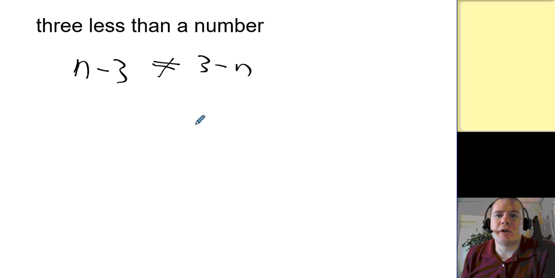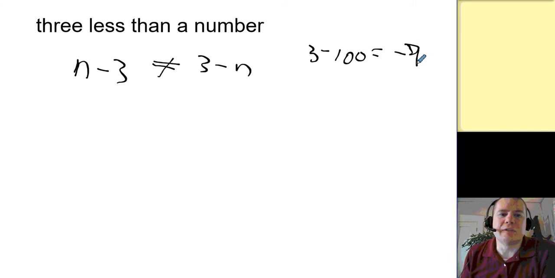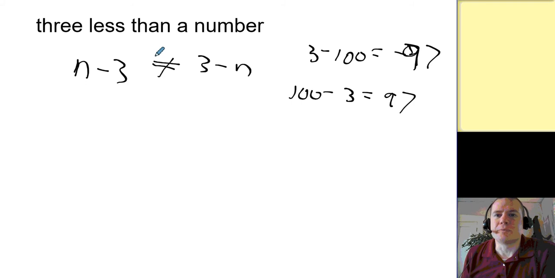If I have $100 and my buddy has 3 less than me, I'm not doing 3 minus 100 to say he's got negative $97. It's an ugly 9. I'm saying 100 minus 3 to get $97, right? 3 less than whatever I'm starting with. So we do have to be careful with that phrasing.